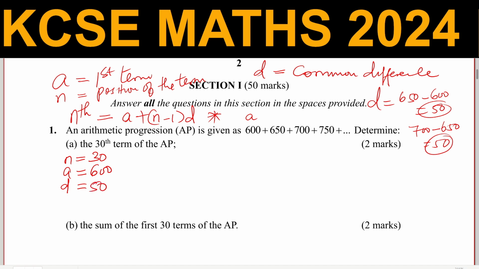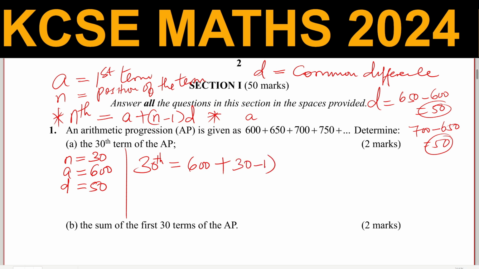Now having these, and using this formula for the nth term, you'll be able to get the 30th term. So the 30th term is equal to a, which is the first term, that is 600, plus n, the position of the term. You're required to get the 30th term, so n will be 30.